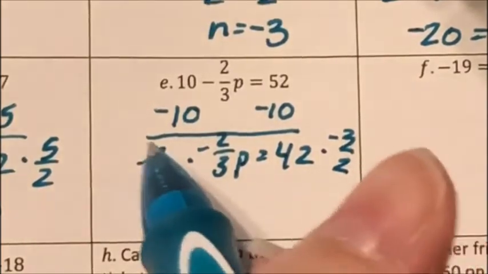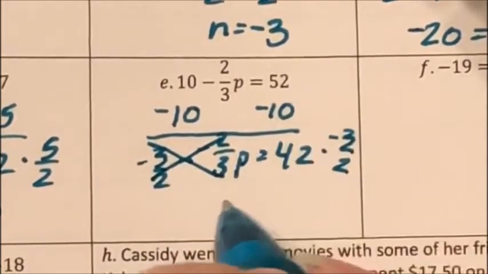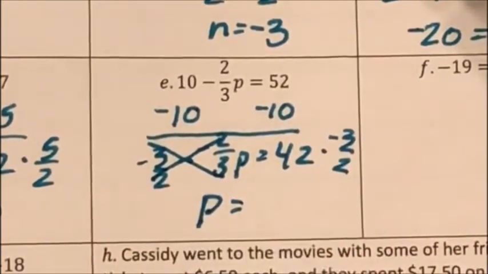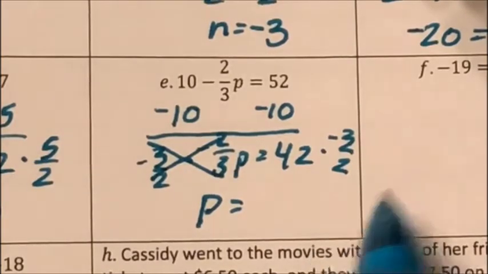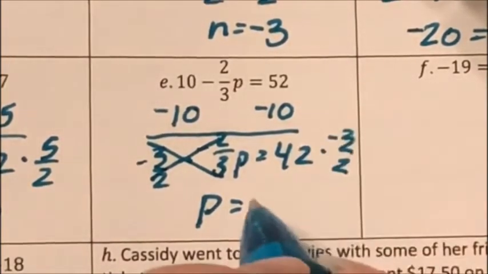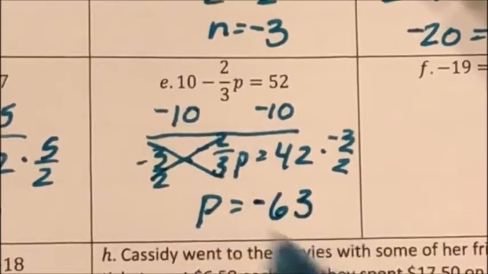Okay. This cancels. I'm left with p. Okay. 42 times 3 is 126. Divided by 2 is 63, and it's negative. So p equals negative 63.